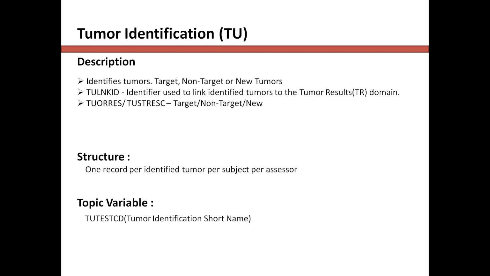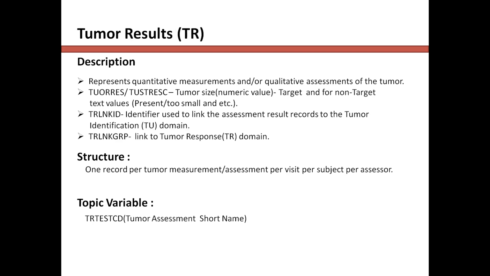The variables include TUORRES and TUSTRESC, where we can see the values for target, non-target, and new tumor results. The structure is one record per identified tumor, per subject, per assessor. The topic variable is TU test code.